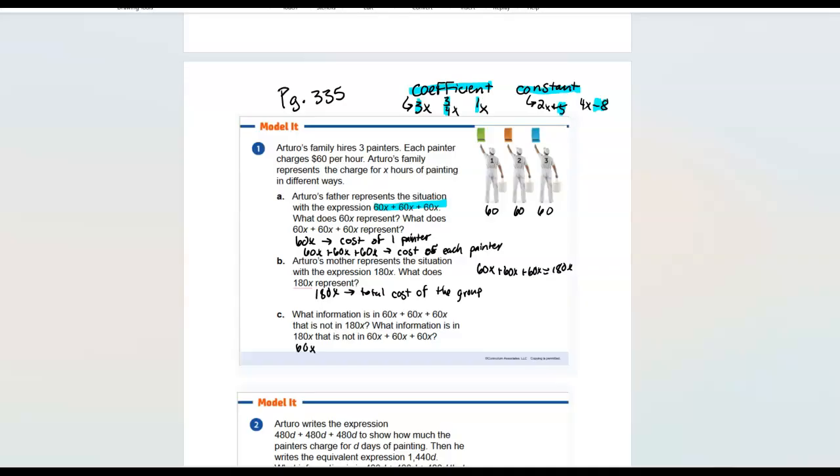Well, this first one gives you a breakdown of each painter, right? And the second one would give you a total view, a total cost view of the project. Meaning, in the first one, you could say, hey, this is what each painter is going to cost me. In the second one, this is what the total project is going to cost me.